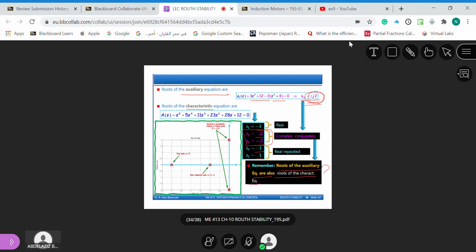Remember, roots of the auxiliary equation are also roots of the characteristic equation. Is the opposite true? Faris Zahrani, can you answer my question? Is the opposite true, meaning are roots of the characteristic equation also roots of the auxiliary equation? I think yes.